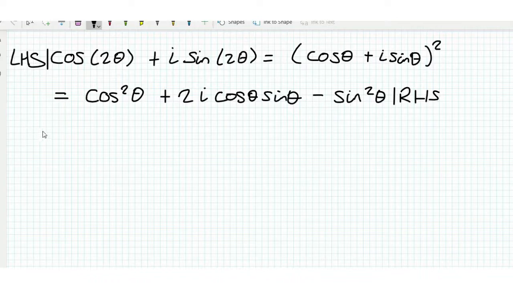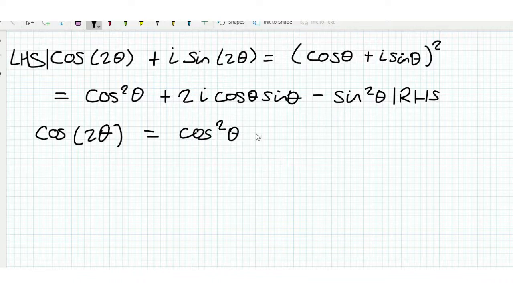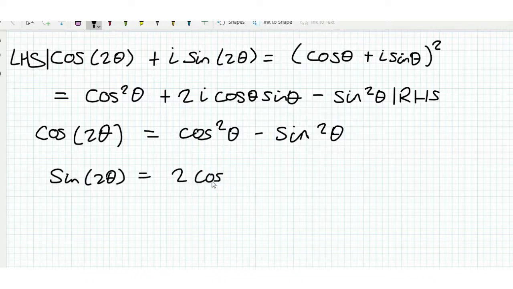So we can write that cos 2 theta is equal to cos squared theta minus sin squared theta, and the imaginary part of the left hand side is sin 2 theta, and this is equal to 2 cos theta sin theta. Okay, so these are familiar double angle formulas but found through De Moivre's theorem.